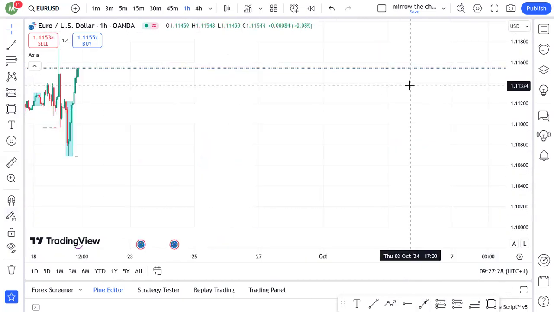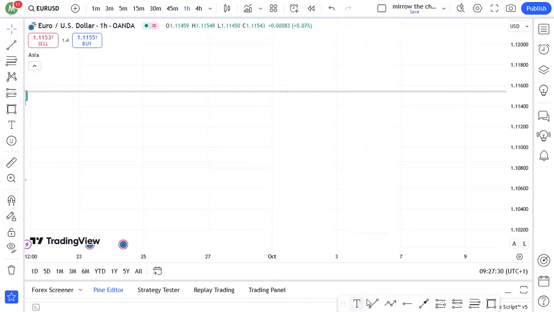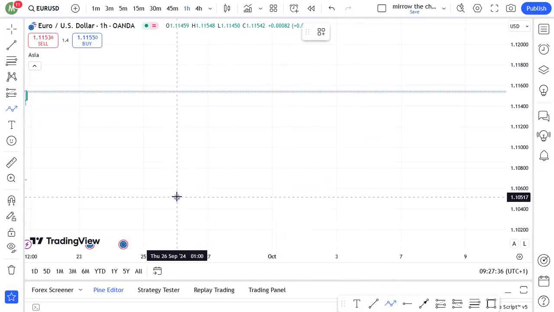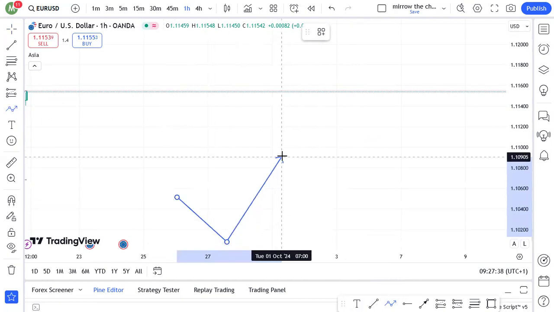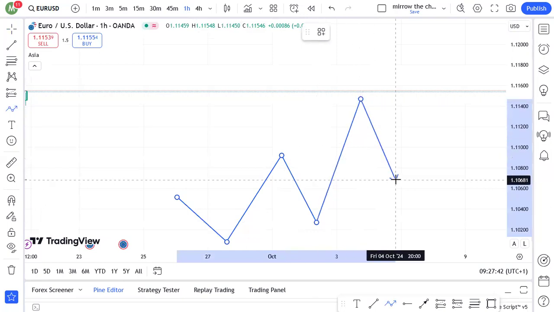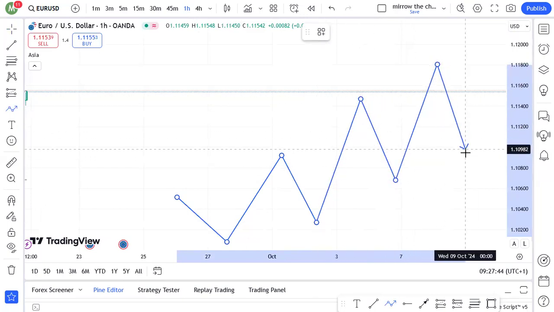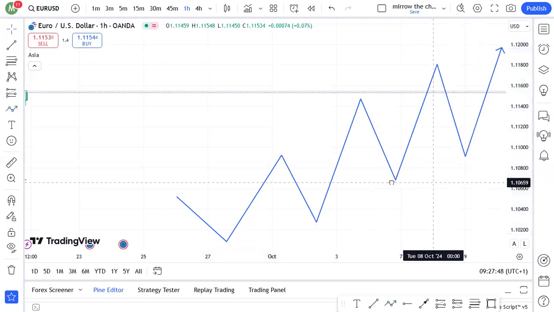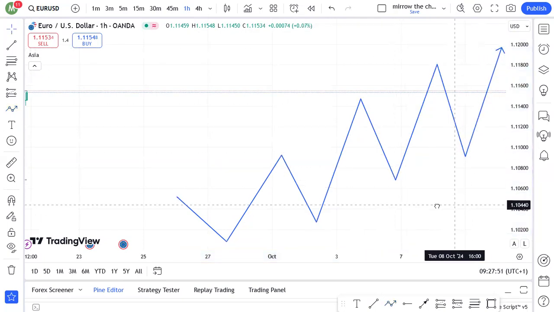Now, let's go to an empty chart. If we have price moving like this, it is assumed that this is a bullish market.